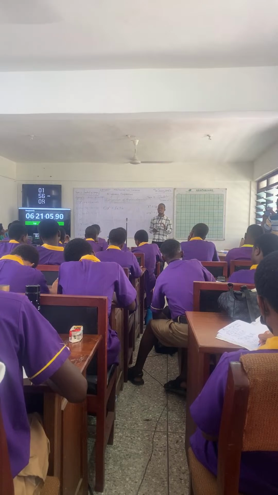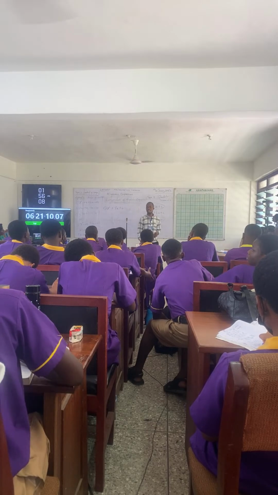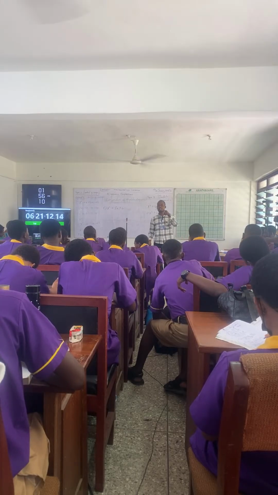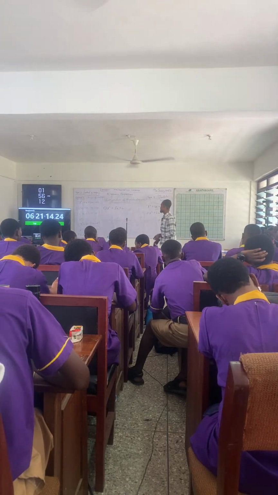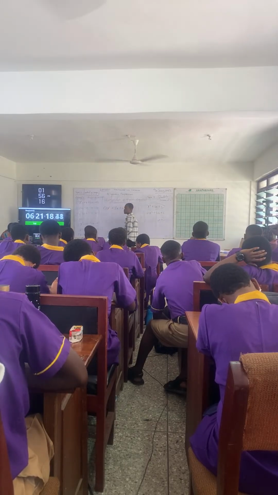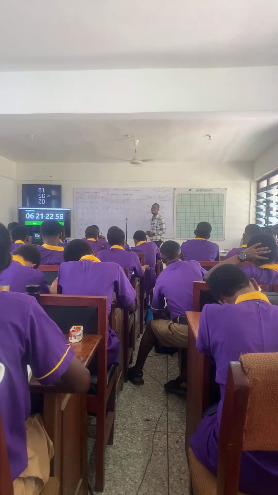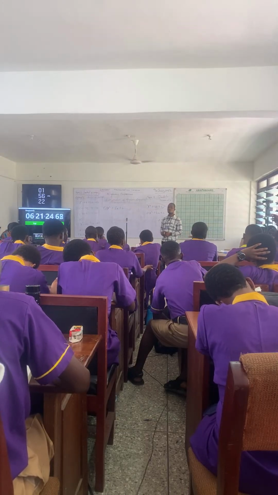So there is a strategy. The coefficient of the highest power of x is what? 1, because there is no number there. Look here, there is no number here, so it is always 1. Use that coefficient to multiply the constant.